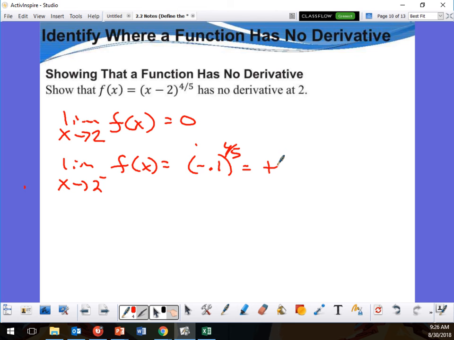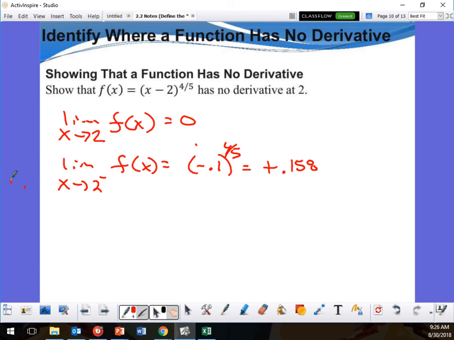What'd you come up with? We use 1.9, so we get 0.1 to the 4/5. So point what? 0.15. Okay.